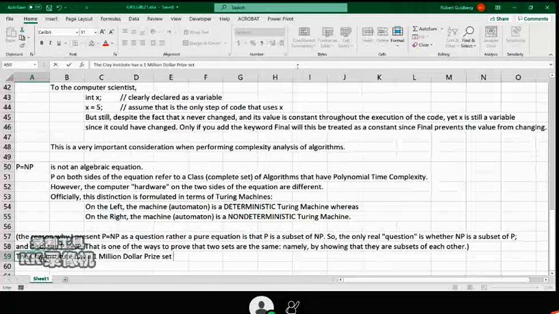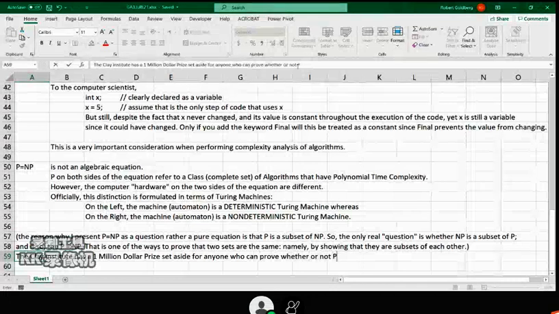But anyway, the Clay Institute has a $1 million prize set aside for anyone who can answer the question, who can prove whether or not P equals NP. The Clay people treat it as whether or not P equals NP.